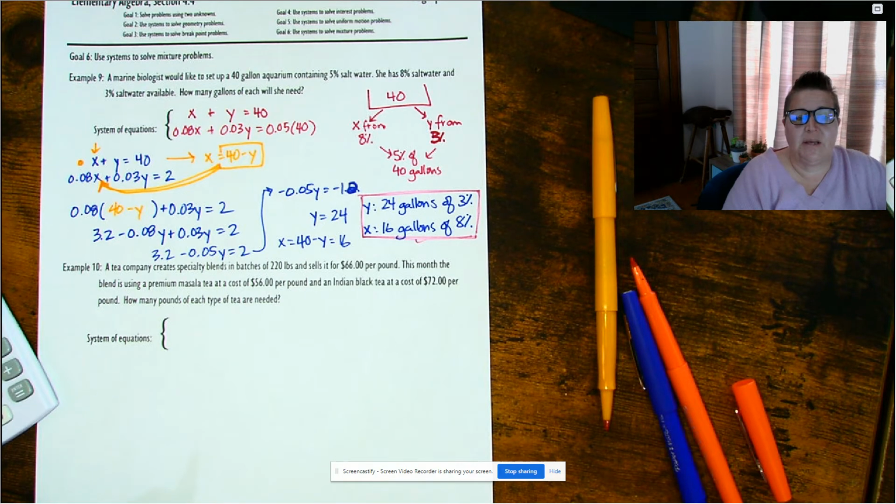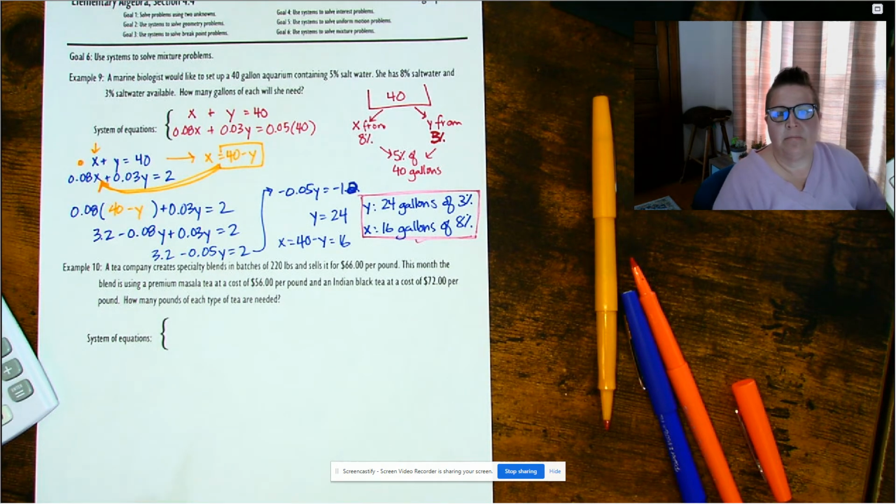How many pounds of each type of tea are needed? Keep in mind that this is tea, so the per pound is expensive. In reality, I believe they generally sell these in bulk by quarter pounds, but those numbers were a bit much. So I went ahead and just upped it to pounds.